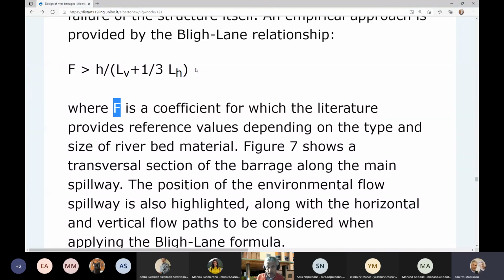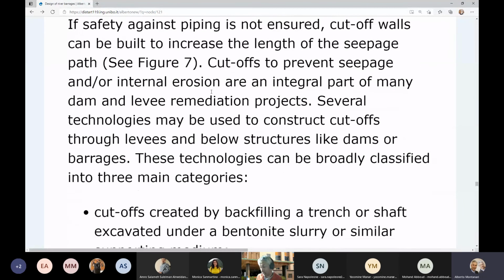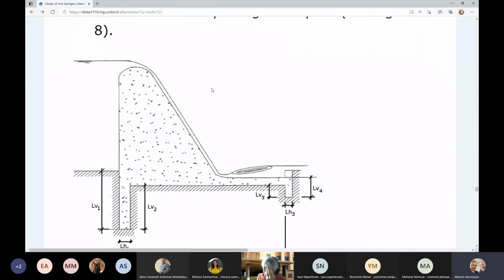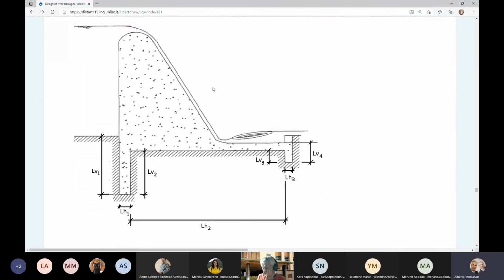But if I want to make a refined assessment, I go back to the figure. I have to study the dynamics of the underground water flow beneath the structure. So I have to apply a groundwater model beneath the structure.